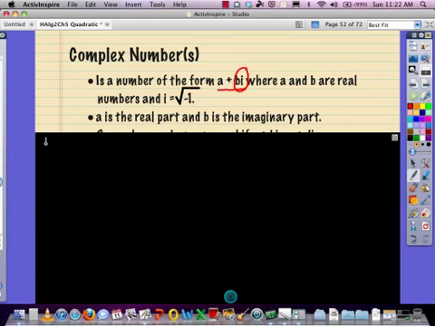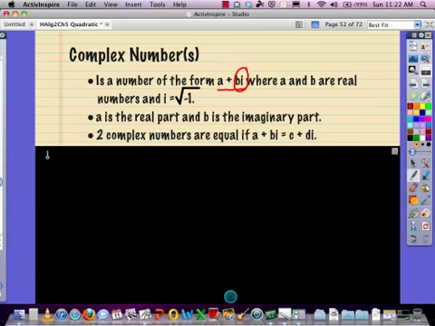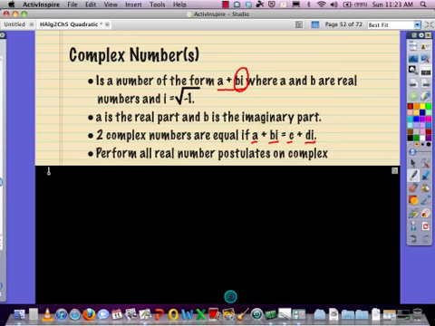The a is the real part, and b is the imaginary part. Two complex numbers are equal if a plus bi equals c plus di, which means their real parts are going to have to be equivalent values, and their imaginary parts are going to have to be equivalent values. We didn't say necessarily the exact same form, but equivalent values.